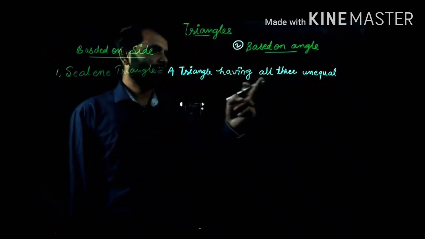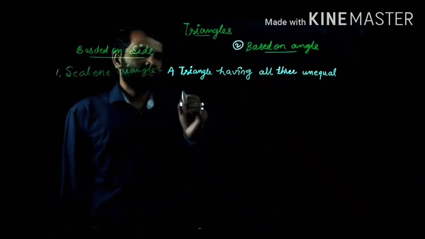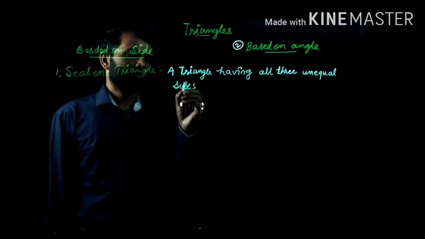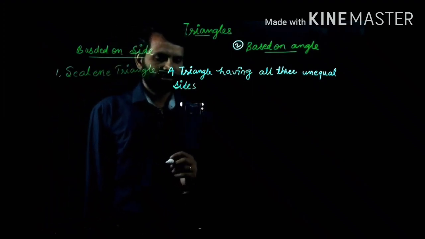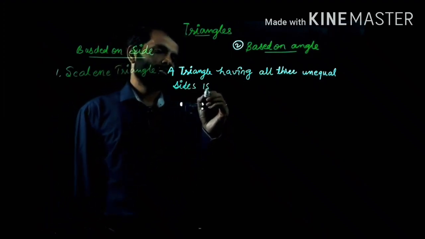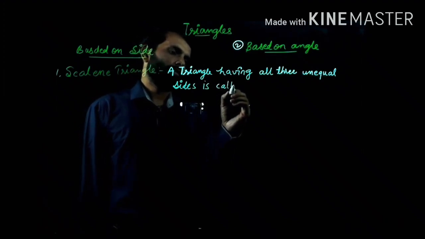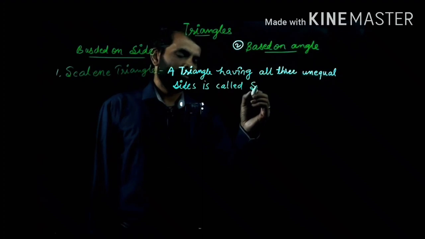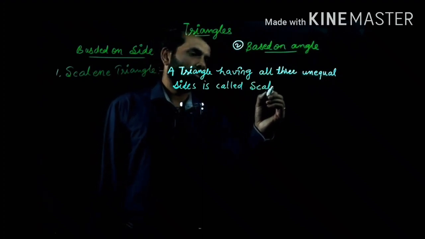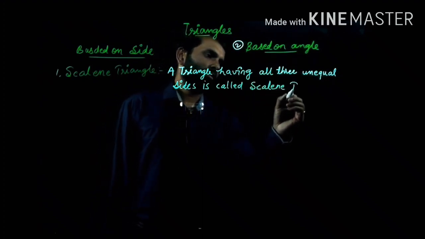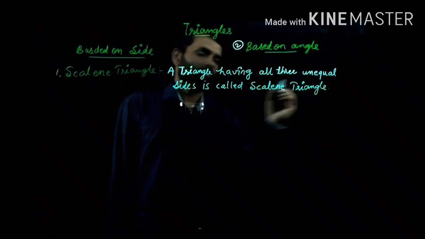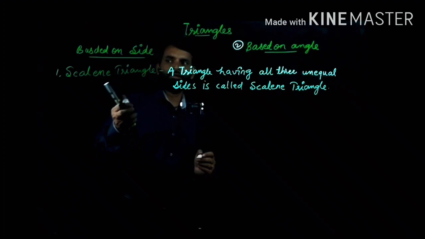A triangle having all three unequal sides is called a scalene triangle.